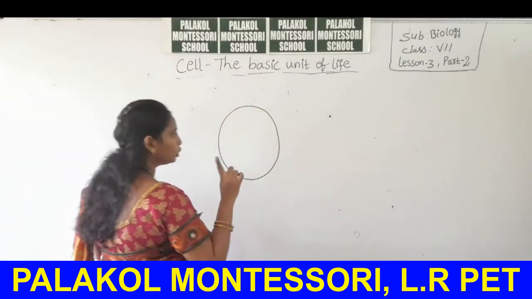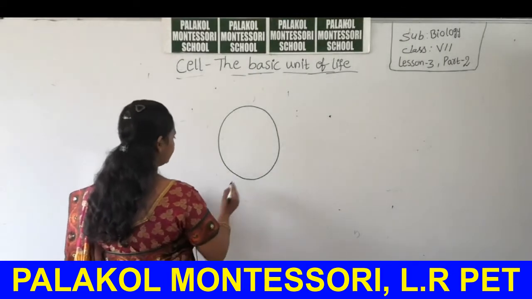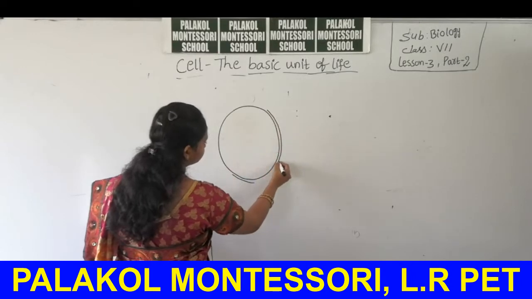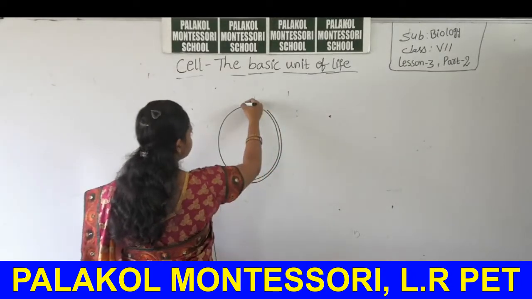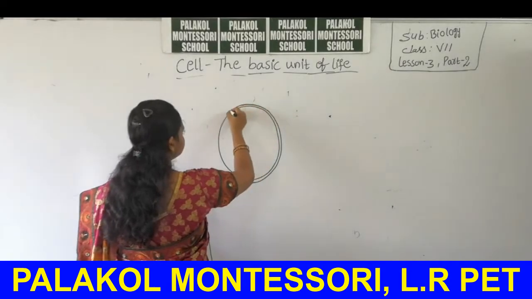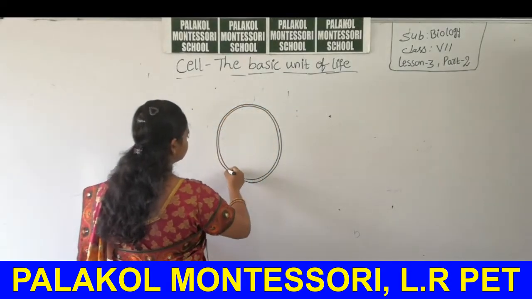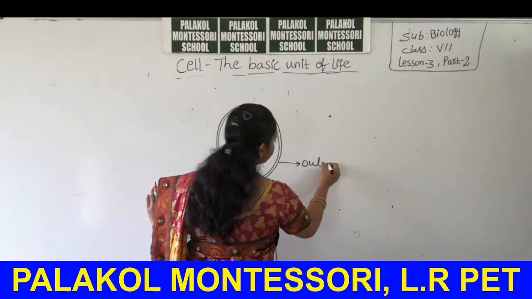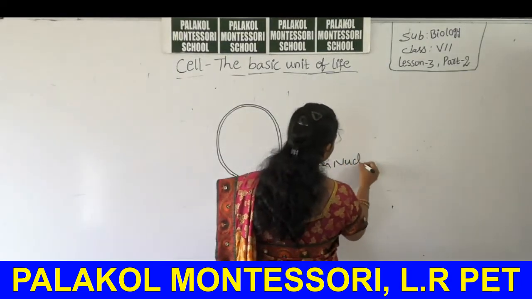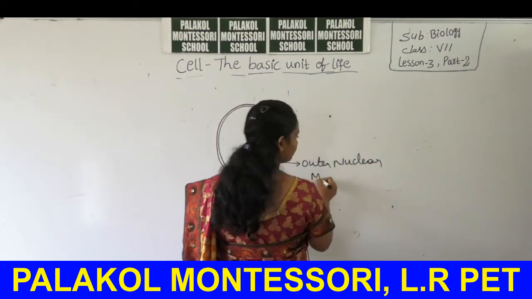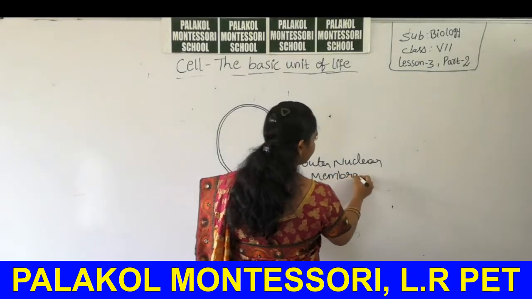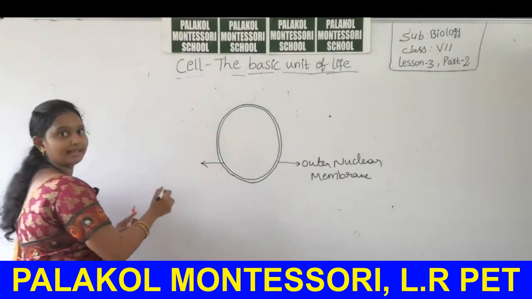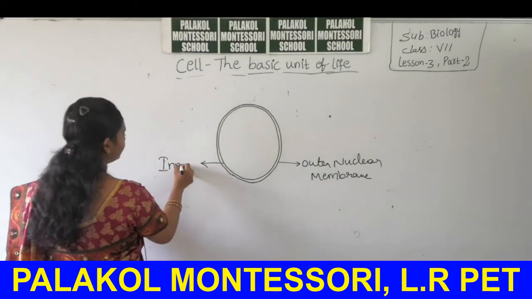Okay, the nucleus has two membranes. The outer membrane is called the outer nuclear membrane, and the inner is called the inner nuclear membrane.